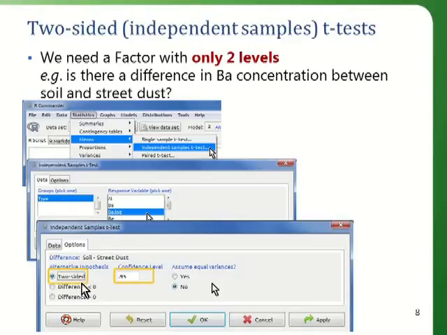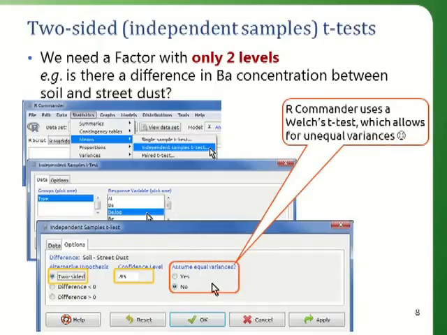We select two-sided because we don't know the direction of the difference in advance. We don't know if one is less than the other or greater than the other. We usually choose a confidence level of 0.95, and notice that we can also select whether variances are equal or not equal.